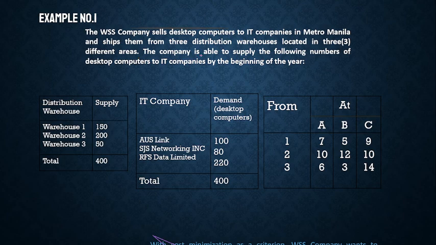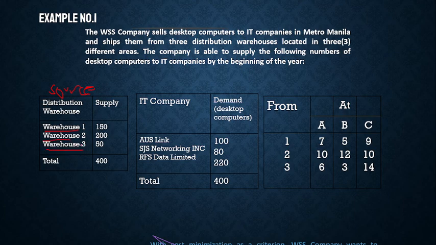So the company is able to supply the following numbers of desktop computers to IT companies by the beginning of the year. So the distribution warehouses are the source. Ito yung mga source. The warehouse 1, the warehouse 2 and the warehouse 3.